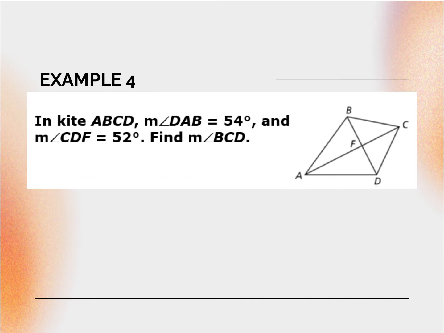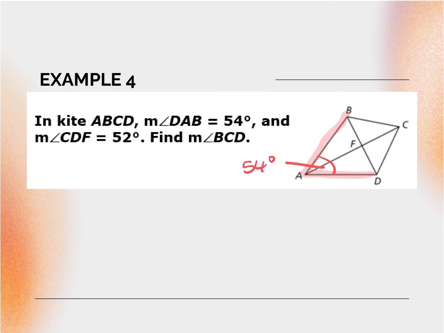So our next shape is a kite. They're telling us in kite ABCD, the measure of angle DAB, which is located right over here, is 54 degrees. So the whole thing is 54.